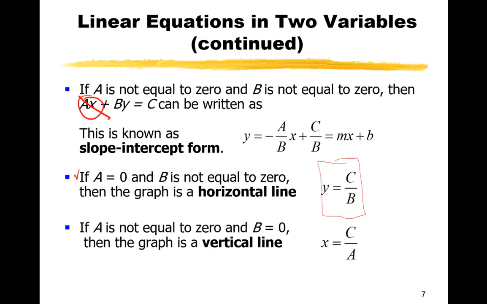And if a is not equal to 0 and b equals 0, so in this case, ang magiging 0 na yung term natin na may b, and ang graph na nun ay vertical line. Kapag x yung natirang variable sa atin, yung variable na y ay 0, ang natirang variable ay x, we will have a vertical line na graph.